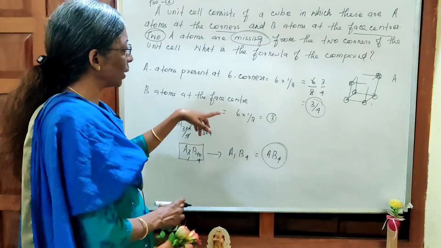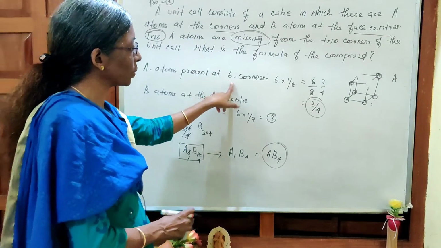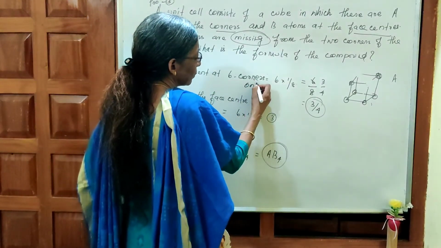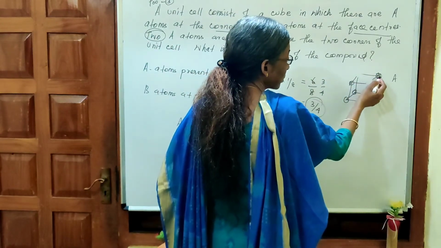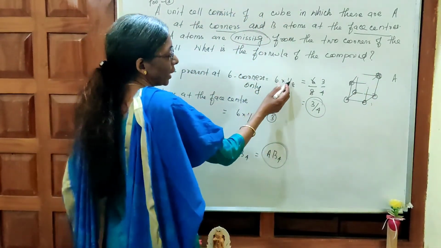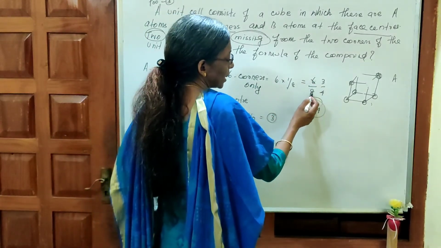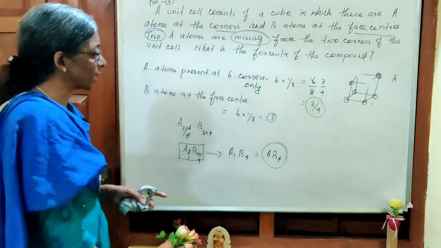So only 6 are there. A atoms are present at 6 corners only. The corner atoms contribute 1 by 8 to the unit cell. So 6 by 8, which is 3 by 4. So A is 3 by 4.